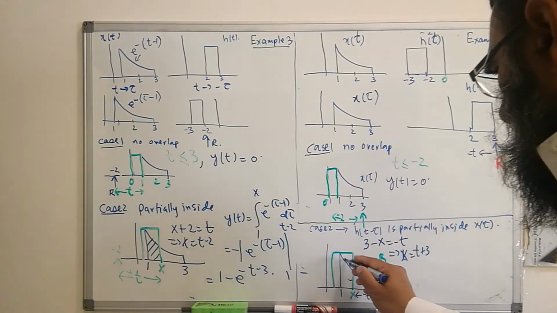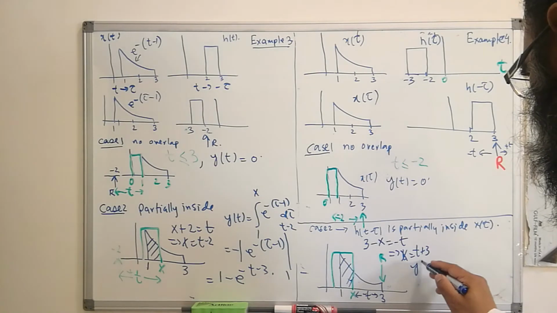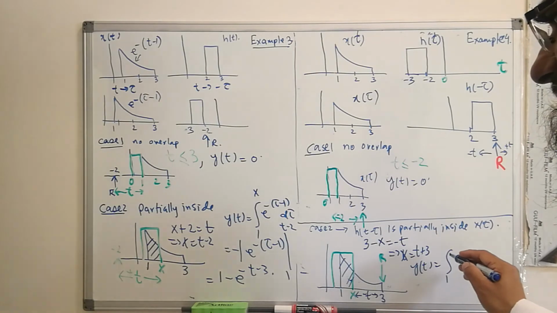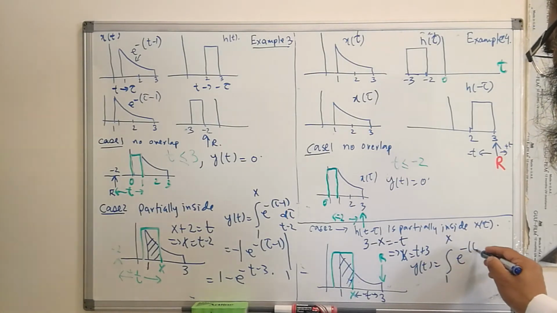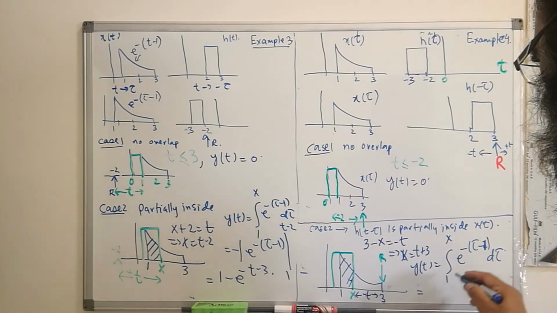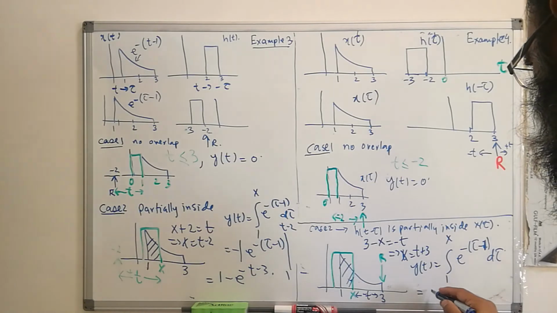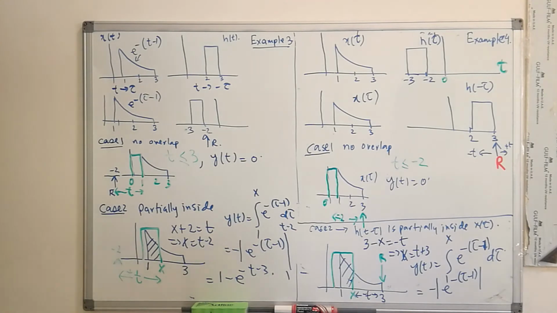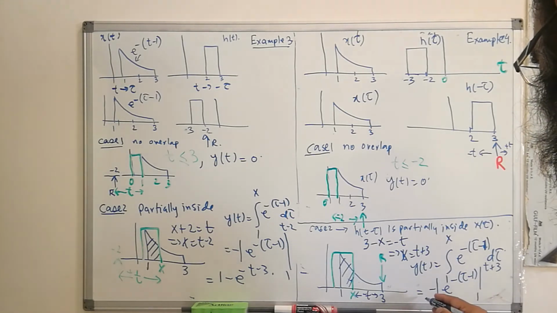So my integral will be y of t equals the integral from 1 to x of e raised to minus tau minus 1 d tau, and that will be minus e raised to the power minus tau minus 1, from 1 to x, so 1 to t plus 3, and that will be 1 minus e to the power of 0.